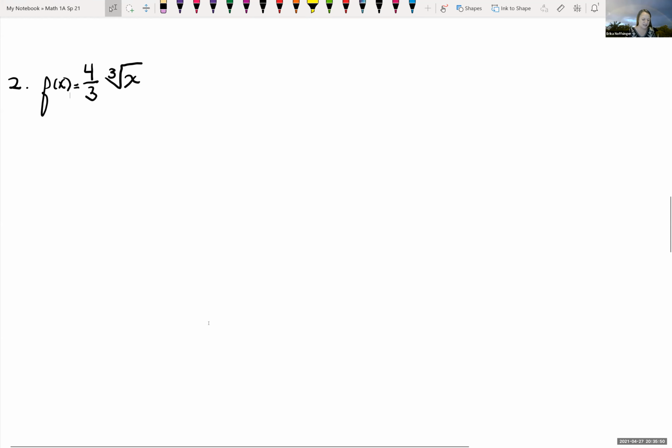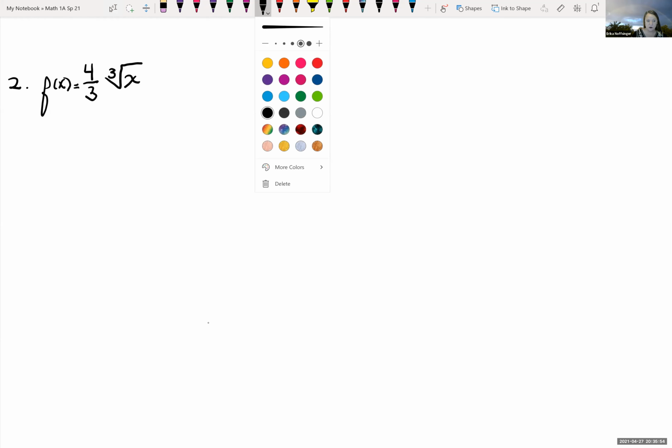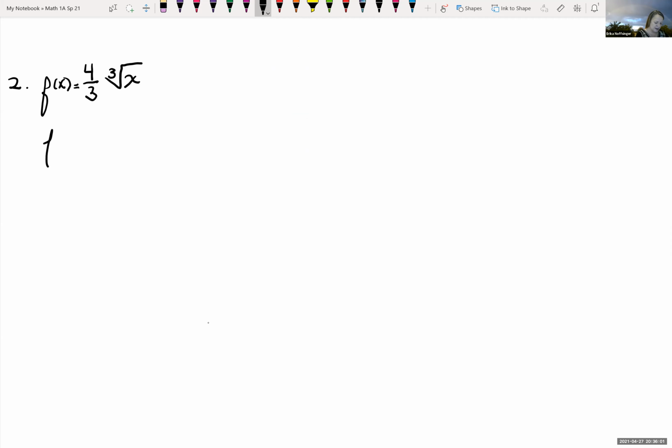Okay, so let's rewrite this. Just like when we were taking derivatives with radicals, we rewrote it in an equivalent exponential form. So we have 4/3 x to the 1/3.